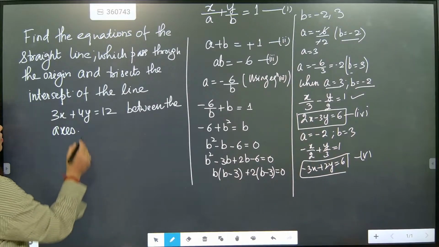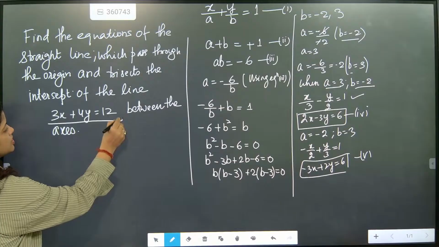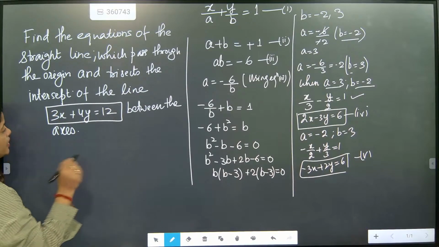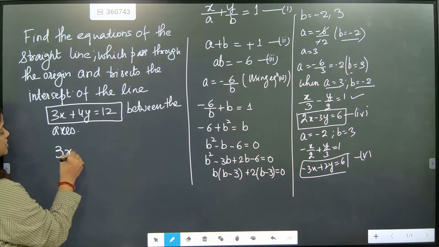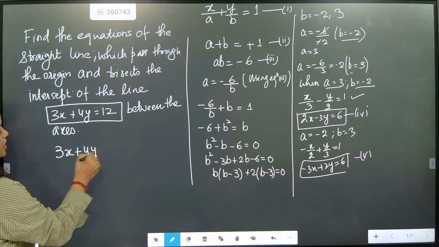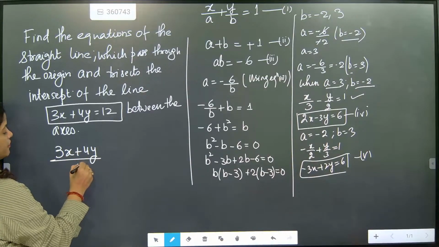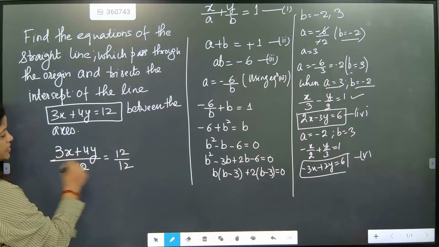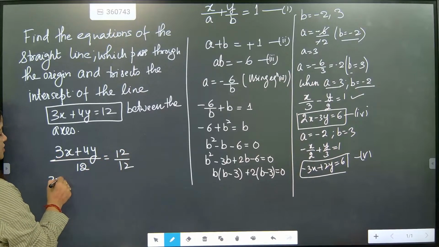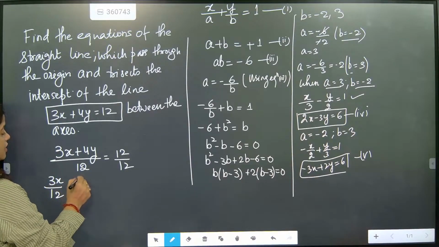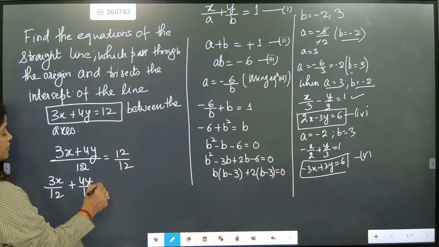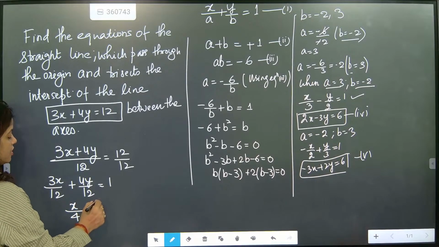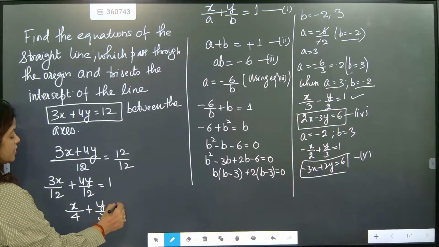Now look at what we are going to do with this equation. 3x plus 4y equal to 12. Dividing by 12, it will become 3x by 12 plus 4y by 12 equal to 1. So it is coming x by 4 plus y by 3 equal to 1.